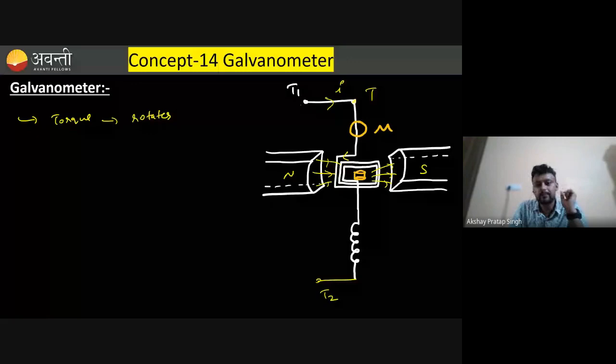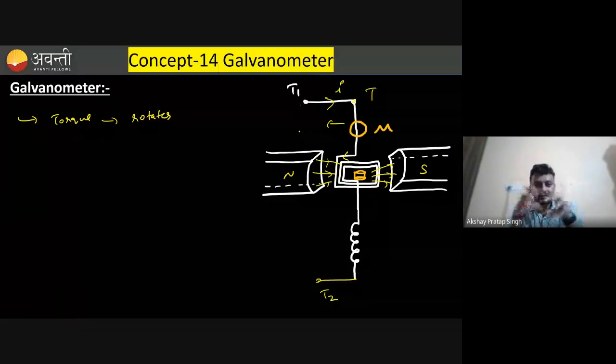What will happen after some 35 to 40 degree rotation? The restoring torque becomes equal to the original torque, and ultimately the coil comes into equilibrium. The coil rotates and restoring torque generates.